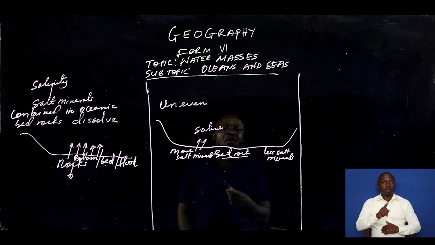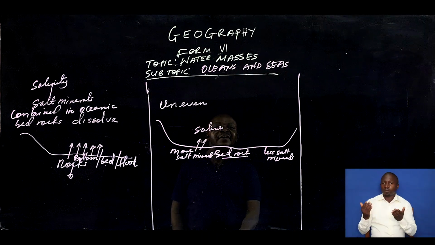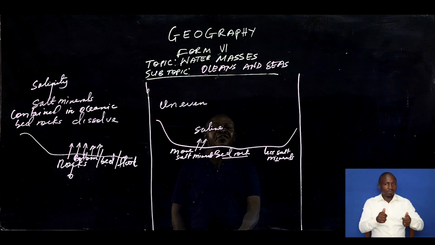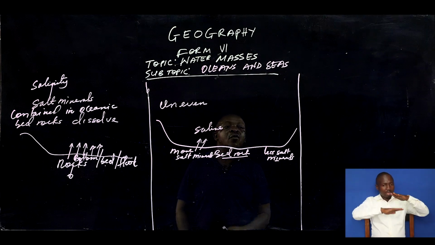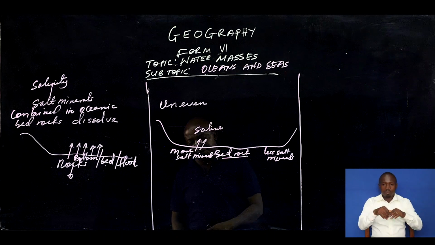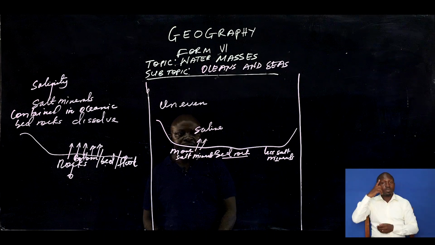So the variation of salinity, we may say, is fundamentally determined by the nature of oceanic bedrock relative to the amount of salty minerals contained. I hope, my students, we are together here.